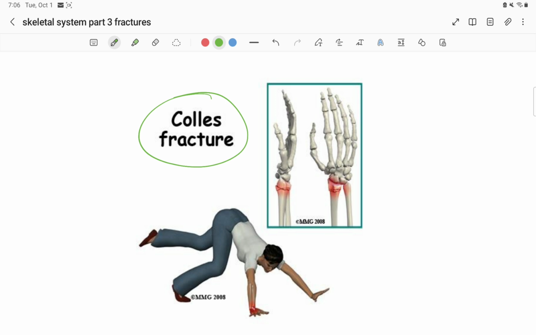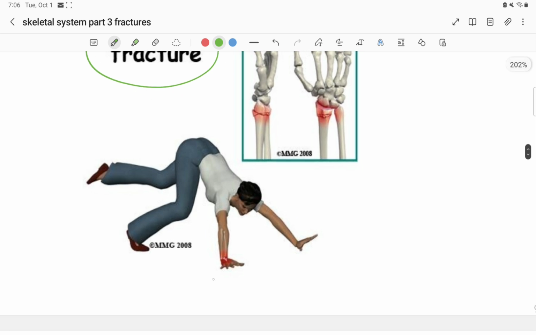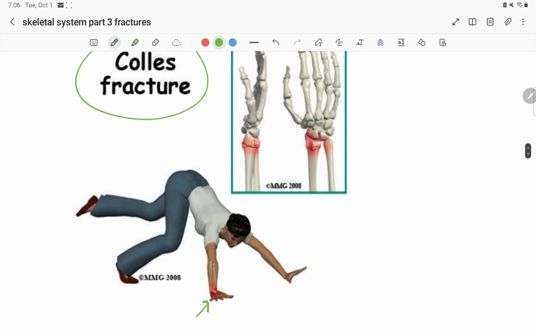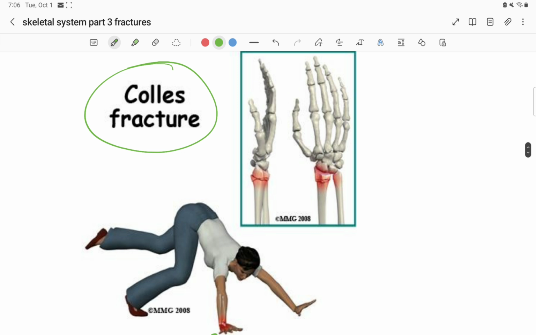So in this case, if you fall with an outstretched hand, so the hand is in extension and the bone breaks, that's the mechanism of injury, the fall with the hand in extension, then it's called a Coles fracture. Okay, and when you say just that one word, Coles, the person knows exactly what's going on at the wrist area.